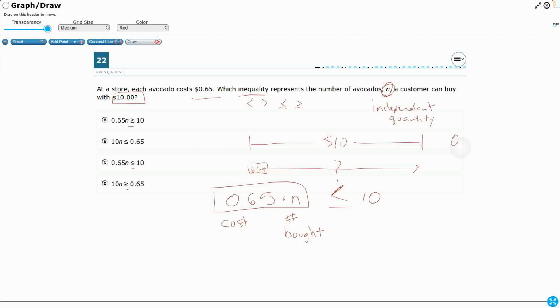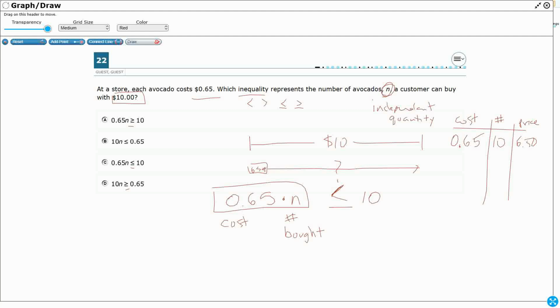Like I said, if I had 10 of these, that's the cost, that's the number, and that's the price, right? That was $6.50.